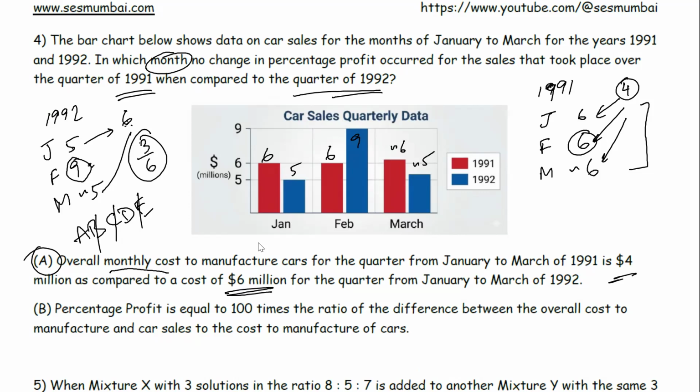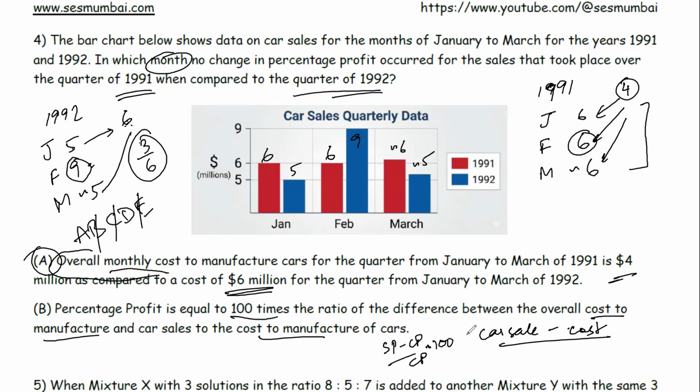So again, another convoluted statement, but it simply says the difference between the car sales and the overall monthly cost, upon the cost to manufacture. This is basically selling price minus cost price upon cost price, and 100 times that ratio.